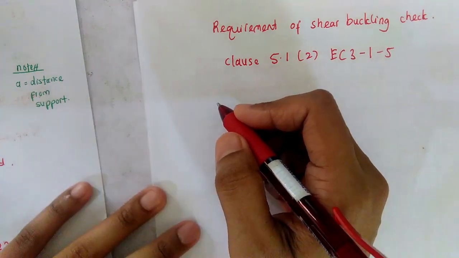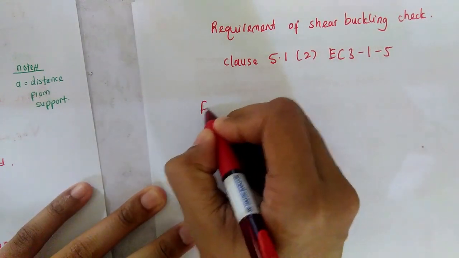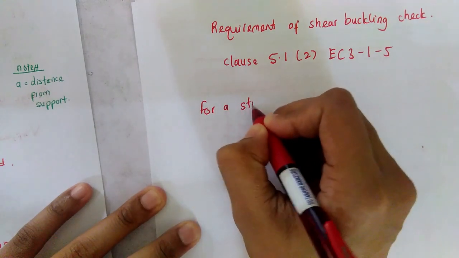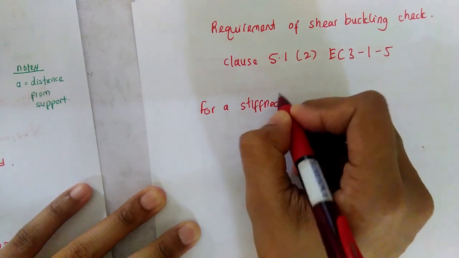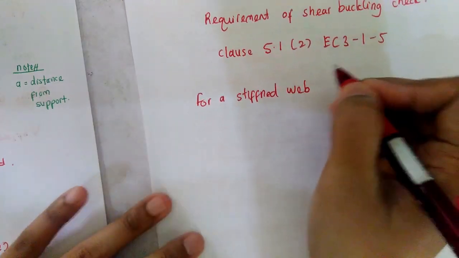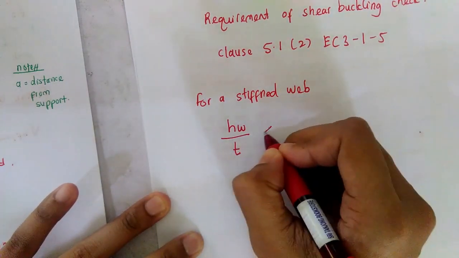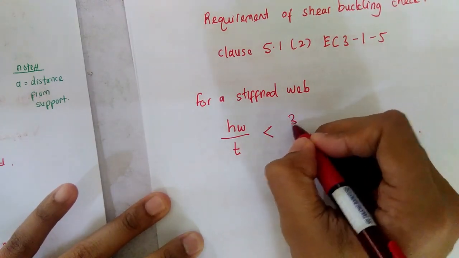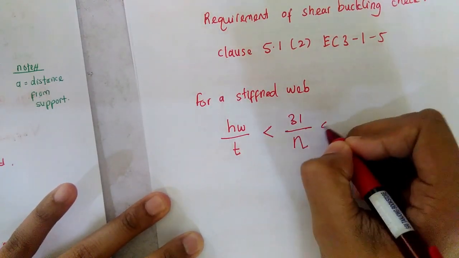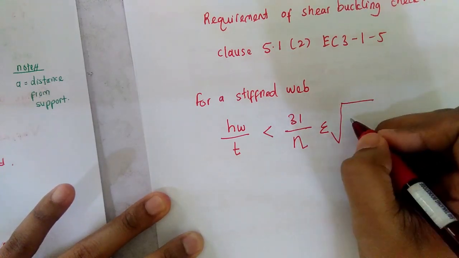So for a stiffened web, all right, the equation is hw over t should be less than 31 over eta times epsilon times the key factors.